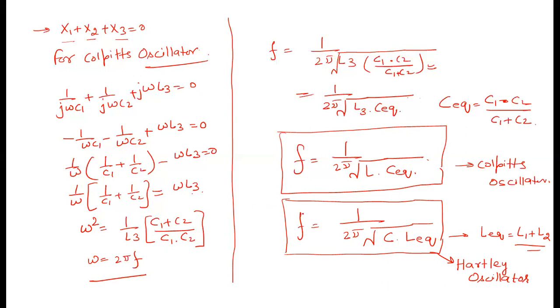So for these two oscillators, we have calculated the feedback factor beta and the gain of the amplifier A, and by using the Barkhausen criterion, that is A beta is equal to 1, we have calculated the frequency for both oscillators. Thank you.